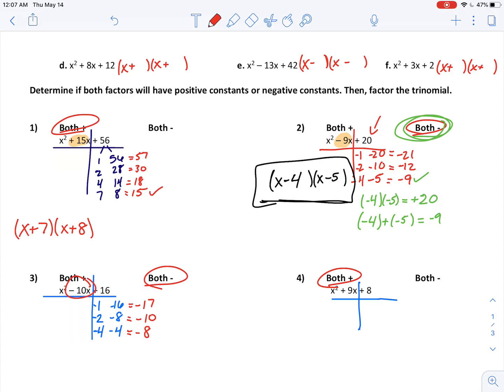And I wanted them to add to negative 10, so this middle pair, negative 2 and negative 8, is what I'm going to look at. So my final answer, put my two binomials, and then I'll plug in those numbers of negative 2 and negative 8.